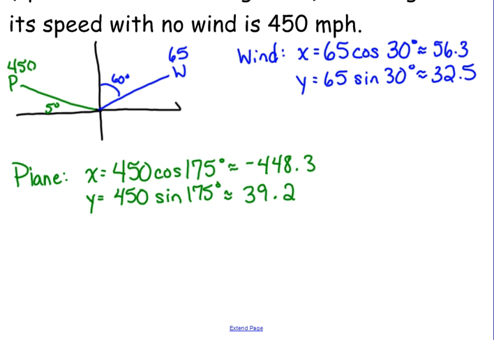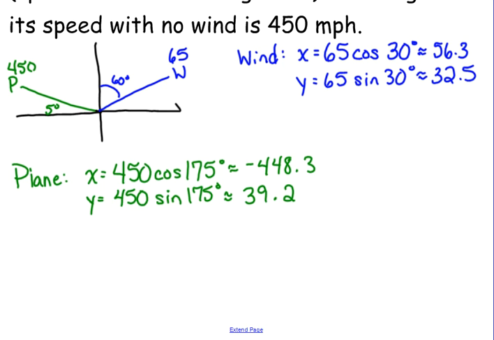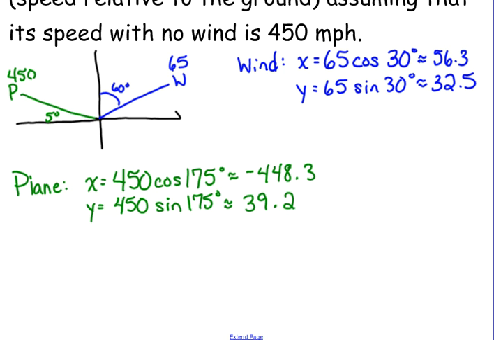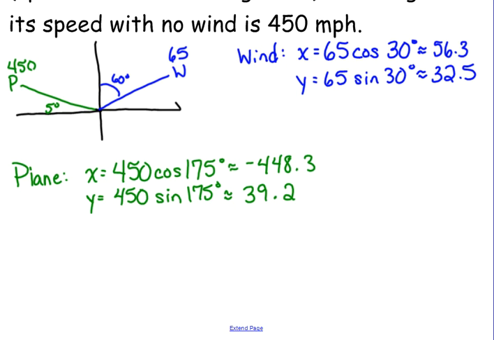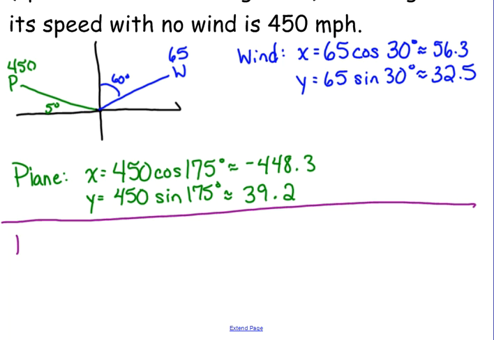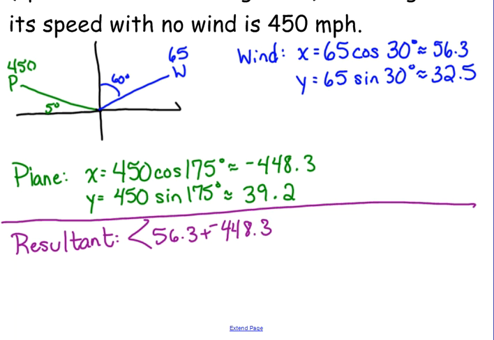All right. So we put them together. The resultant, I'm going to draw a line, actually, to help me remember that once I put them together, I don't use the stuff above there. So the resultant, add the x's, 56.3 plus negative 448.3 and 32.5 plus 39.2.